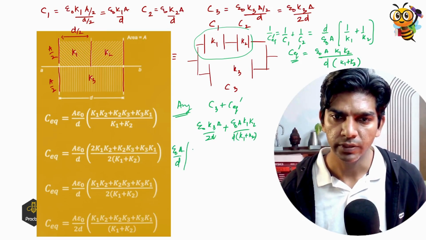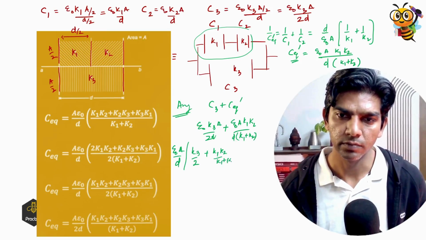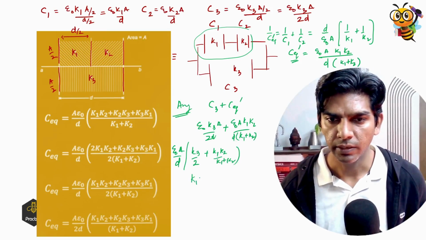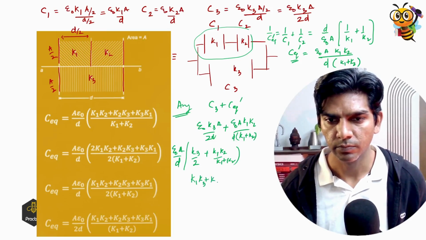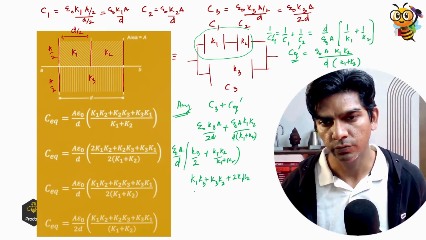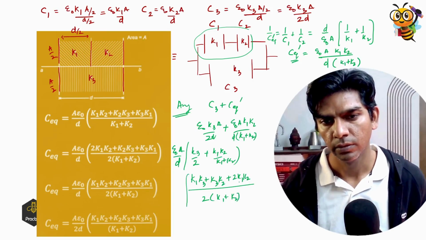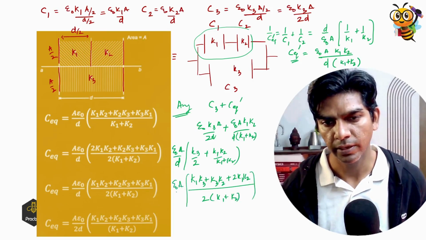So this comes out to be K3 by 2 plus K1 K2 upon K1 plus K2. So this will become K1 K3 plus K3 K2 plus 2 K1 K2 divided by 2 times K1 plus K2, times epsilon naught A by D.